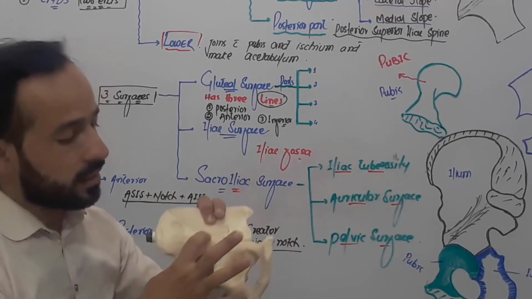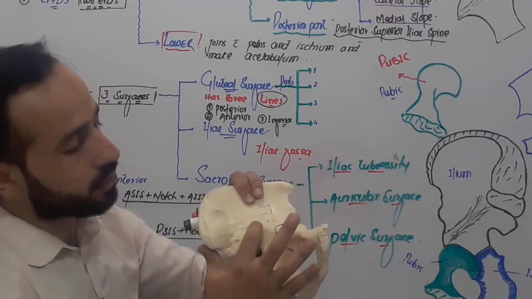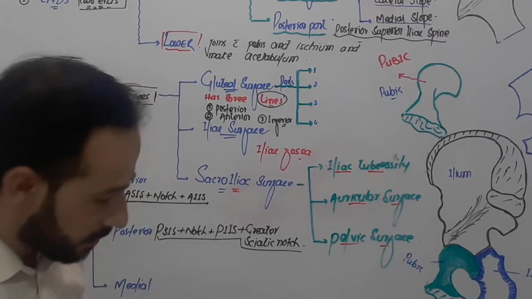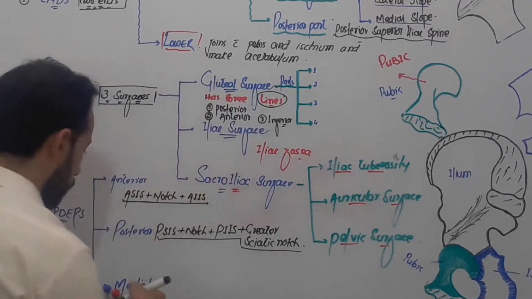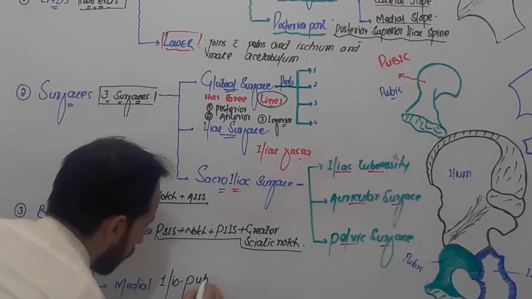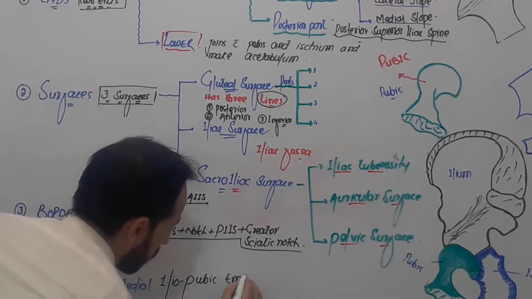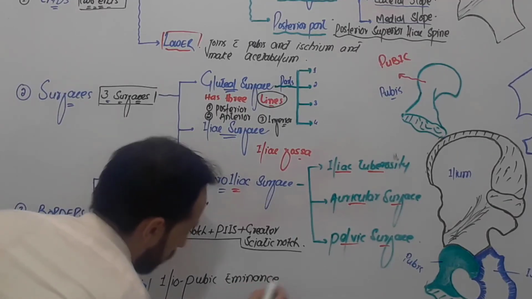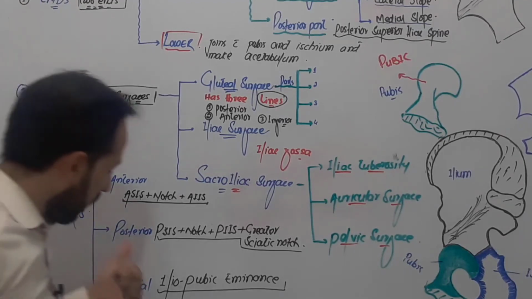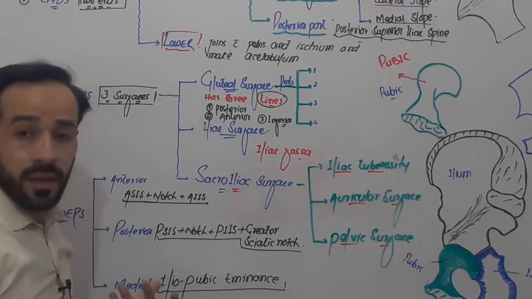That's why we say that this medial border is also known as the iliopubic eminence, right, friends? So if someone asks you where the medial border of the iliac bone is, the medial border is actually present at the iliopubic eminence.